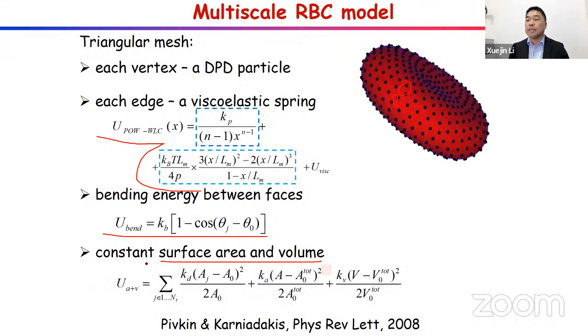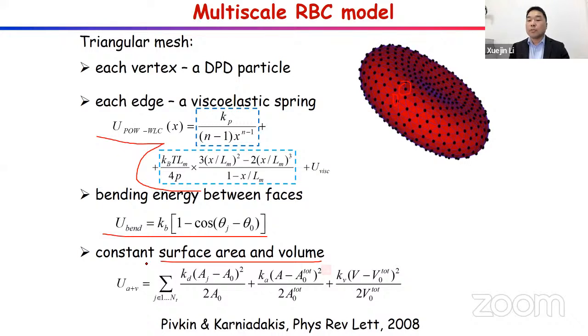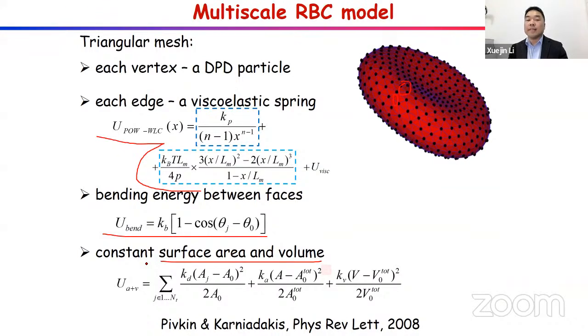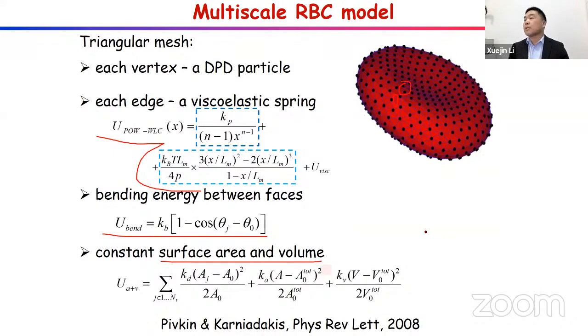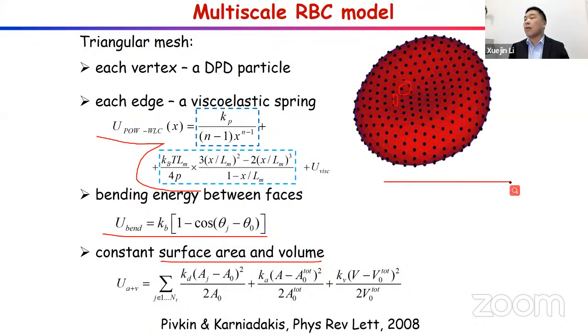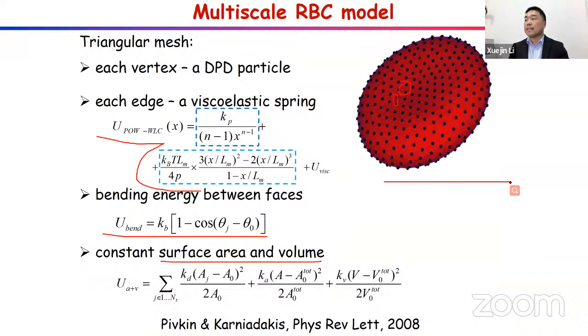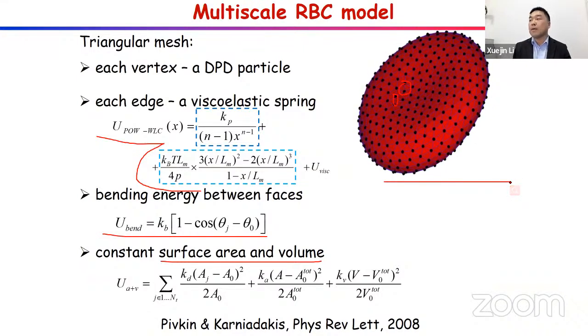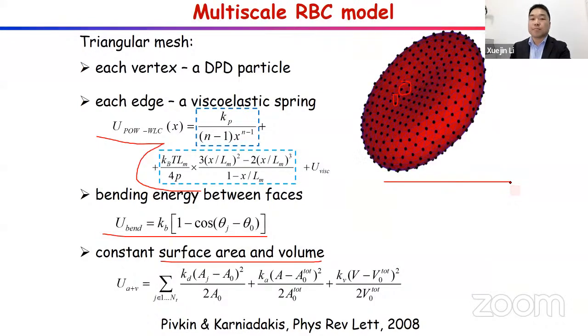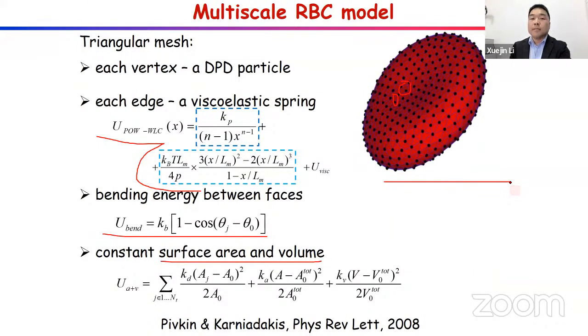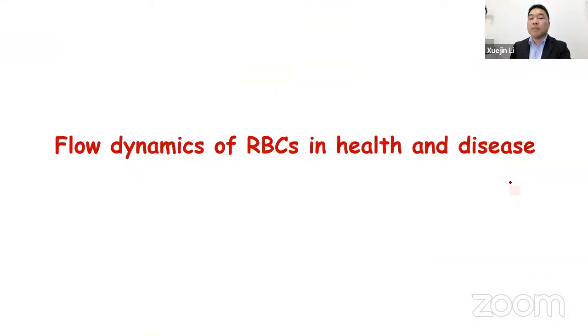So in the DPD simulations, the red blood cell can maintain its biconcave shape under normal conditions, as shown in these movies. And using this DPD-based RBC model, you can simulate the flow dynamics of healthy and diseased red blood cells.